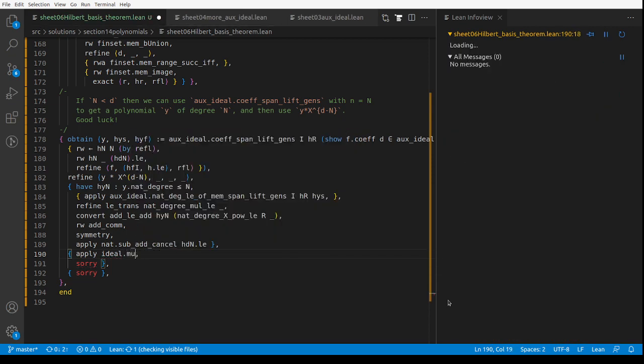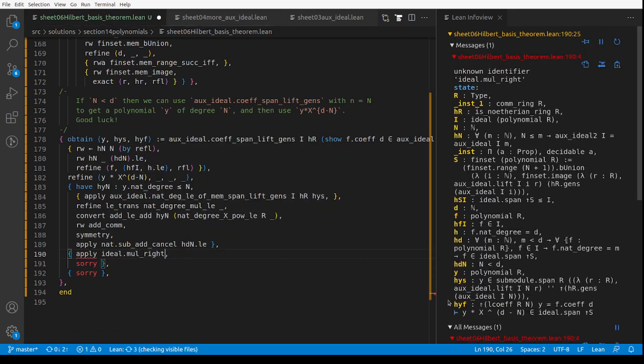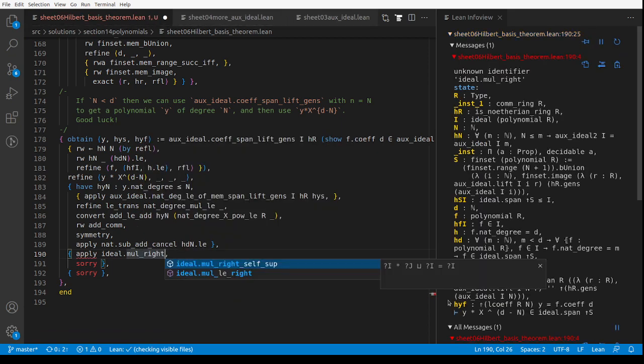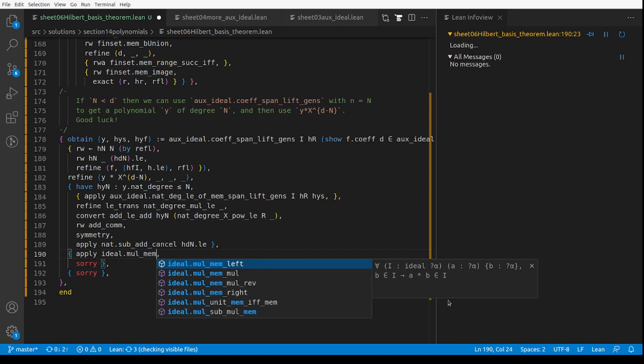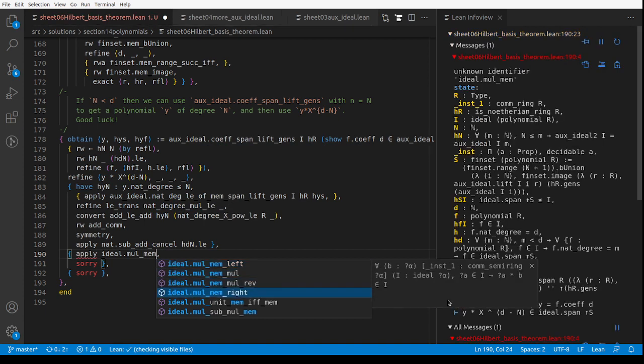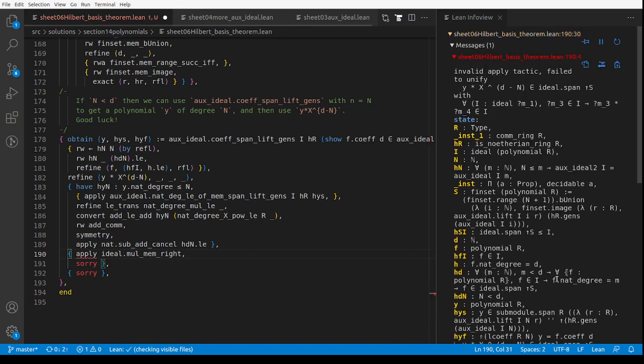Mul right. Is it really not mul right mem? Ah, mul mem right. Bingo. Because we don't care about the power of x.